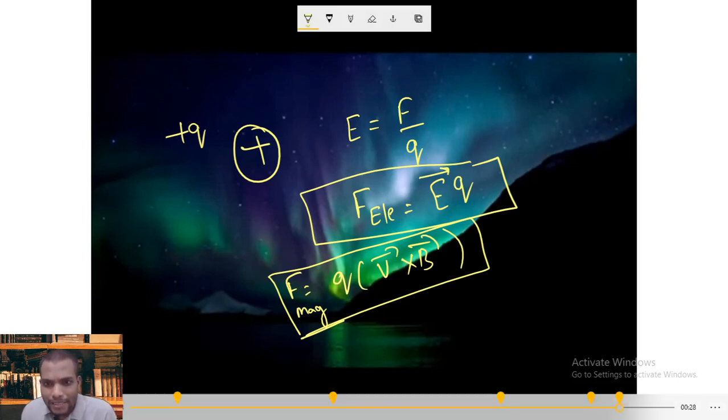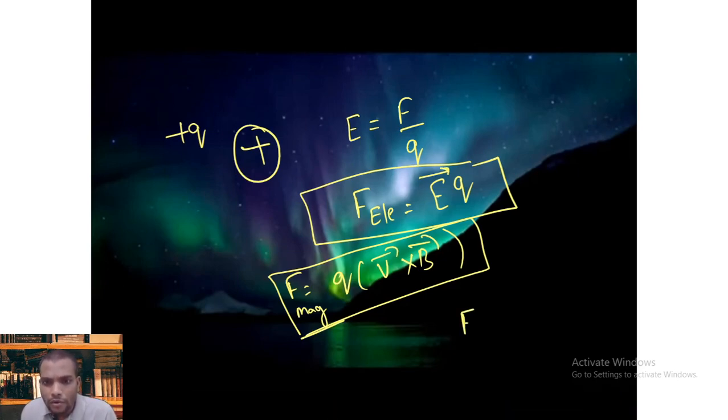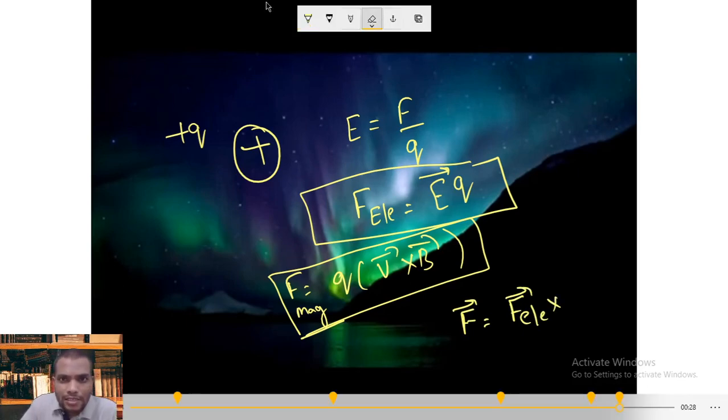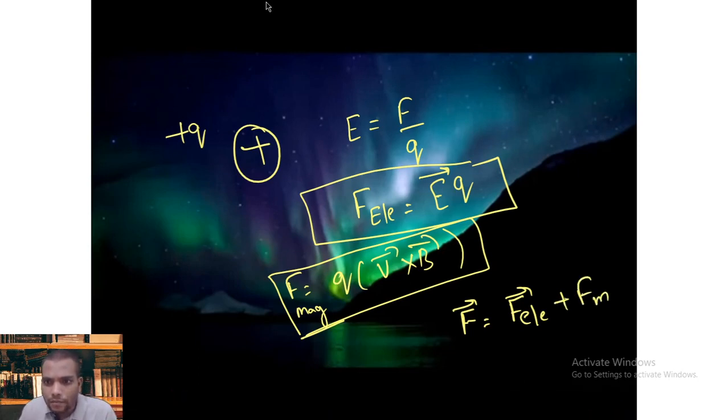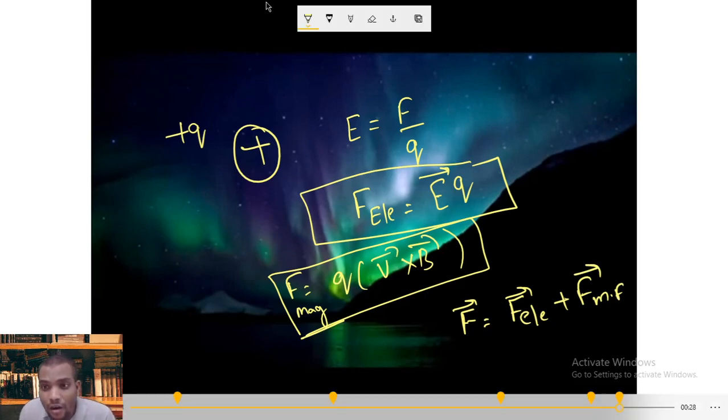Now we can express the total force on a charged particle: the force due to the electric field plus the force due to the magnetic field. Here two forces already exist if it is moving in a magnetic field.